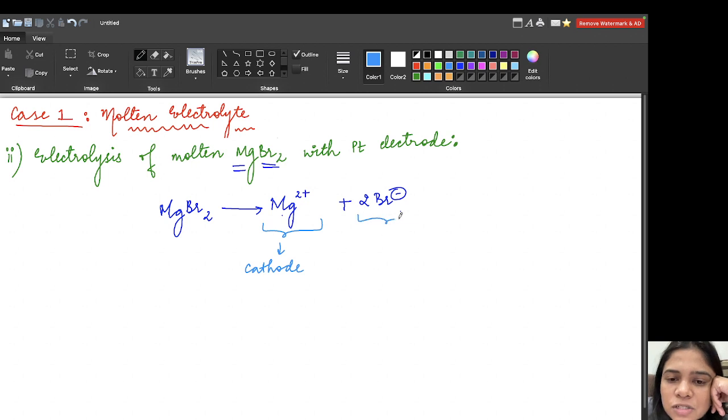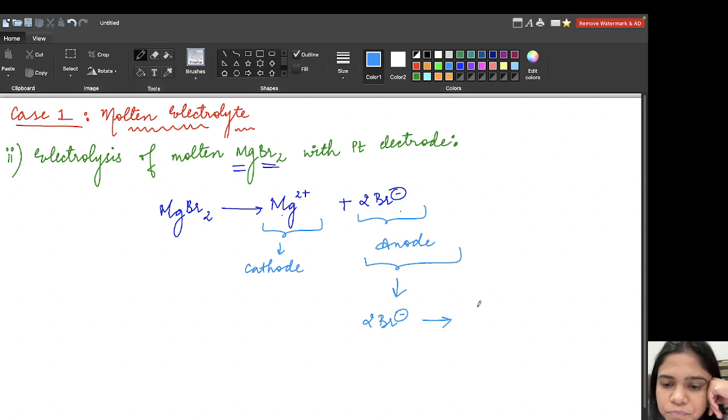What will be the reactions now? Anode reaction first, right? So at anode, your oxidation will happen. Oxidation means loss of electrons. So 2Br minus is giving me 2 electrons plus Br2.